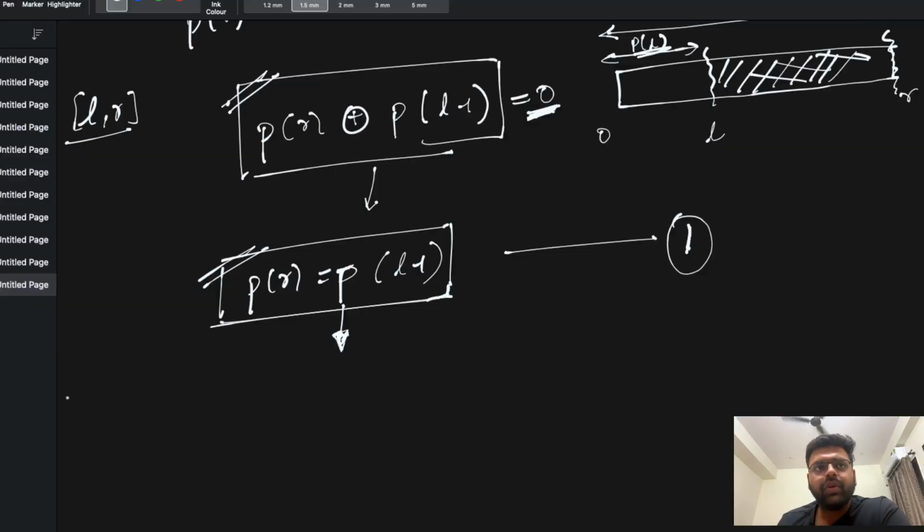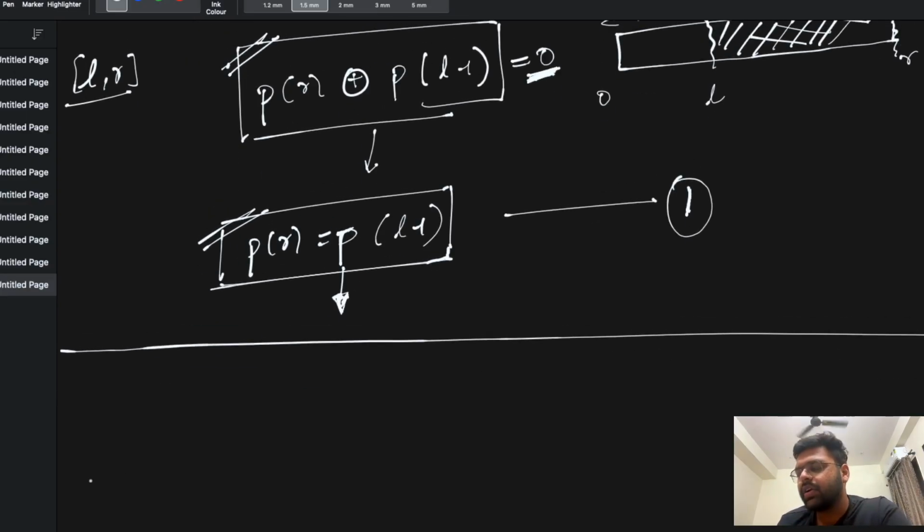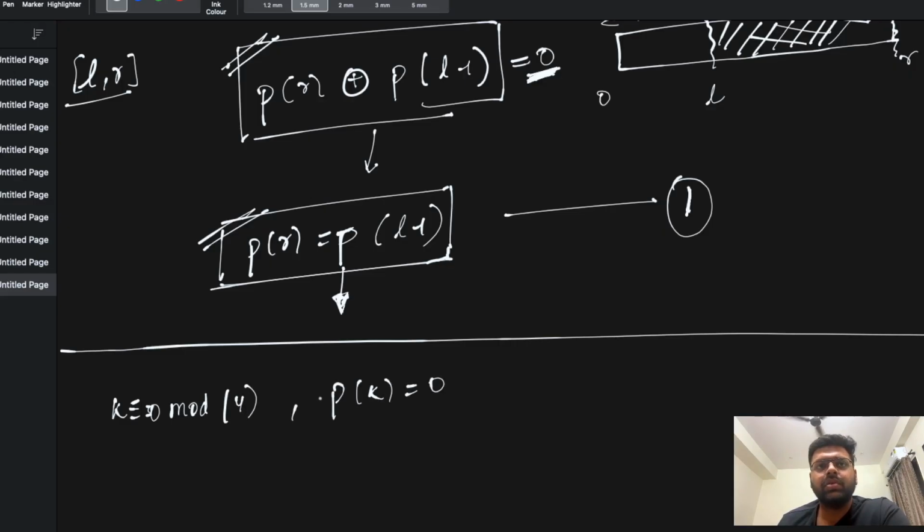Now if you would have observed, there is a simple pattern. Assuming there is a k mod 4: when k is 0 mod 4, my pk, my prefix, is 0.